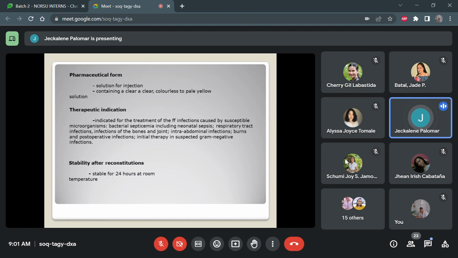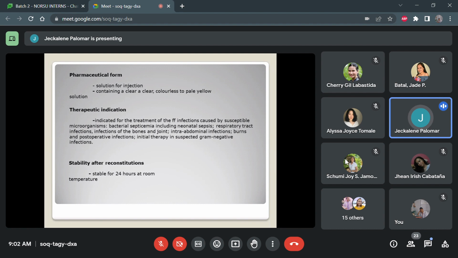It comes in an ampule, liquid. The therapeutic indication is for the treatment of infections caused by susceptible microorganisms: bacterial septicemia, including neonatal, most commonly for neonatal sepsis in newborn babies, respiratory tract infections, infections of the bones and joints, intra-abdominal infections, burns, and post-operative infections, and initial therapy in suspected gram-negative infection.